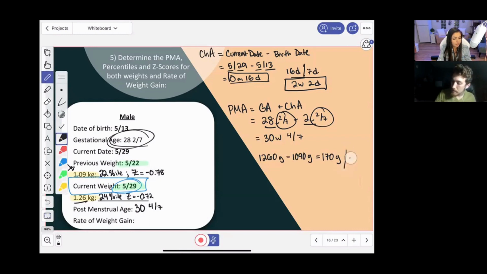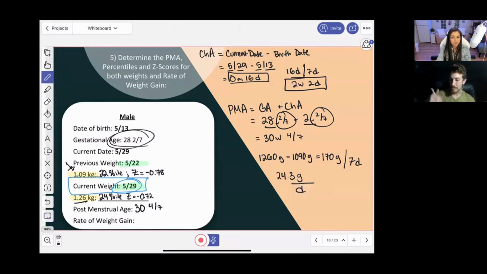So we'll divide it by 7 days, and that gives us about 24.3 grams per day. That was the rate of weight gain for this infant. But like I said, we are doing grams per kilogram per day, so we divide this value by the weight of the infant in kilograms, 1.26 kilograms, because that's the current weight.